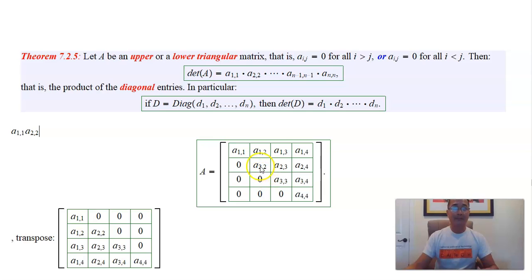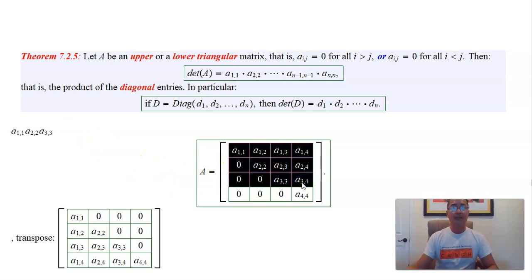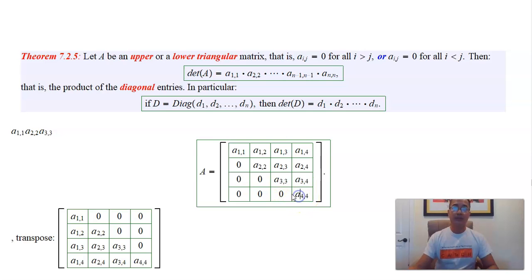You want to stay alive. Okay. So I picked A11, A22, so I can no longer pick any of these entries when I look at column 3 and column 4. Okay, don't pick the 0, pick the A33 instead. Okay, so now I can't use any of those terms when I look at the 4th column. So, no choice. I need to choose A44.